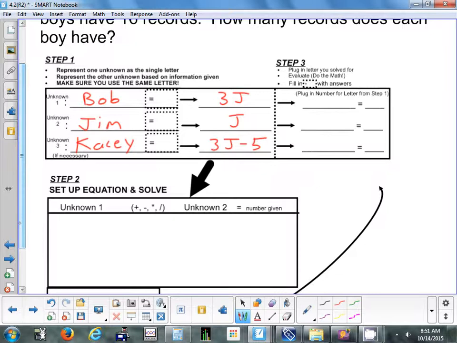So this time you're going to have 3 algebraic expressions. Bob's records plus Jim's records plus Casey's records. I'm going to add all 3 of them up. And if you do that, what's the total number they all have? 16. They have a total of 16.